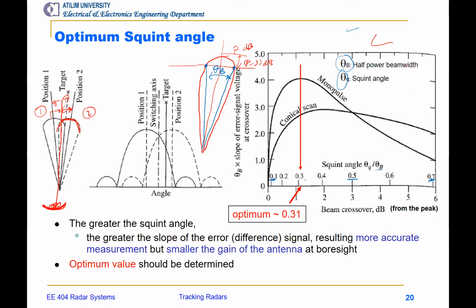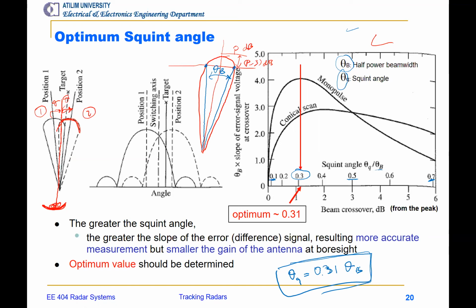The optimal value of the squint angle from this picture is somewhere about 0.3. So if I take 0.3 theta b as the squint angle, then I will get the highest slope of the error signal. I mean, the variation of the difference signal has maximum slope when we get the squint angle at approximately 30% of the beamwidth.